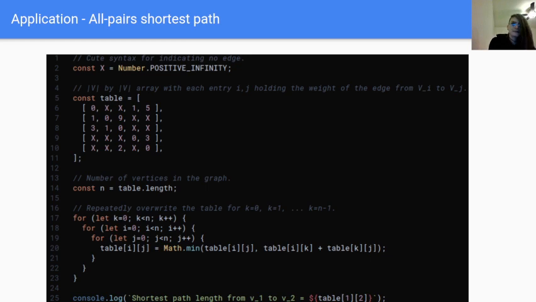This is a different graph representation. This is called an adjacency matrix. And every entry in the matrix, say the I, j entry, represents the weight of the edge from vertex I to vertex j. If there's an x here, that represents there's no edge, and it's just going to be positive infinity weight. So this is just an alternate graph representation.